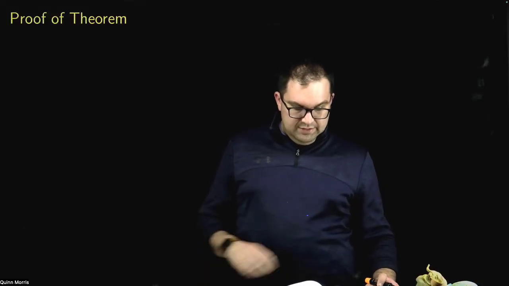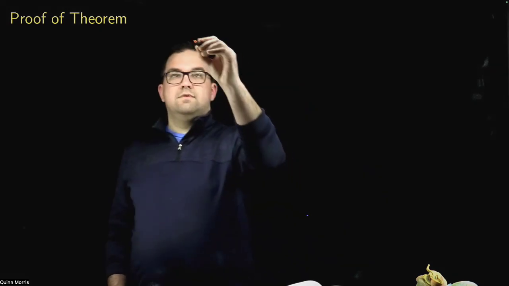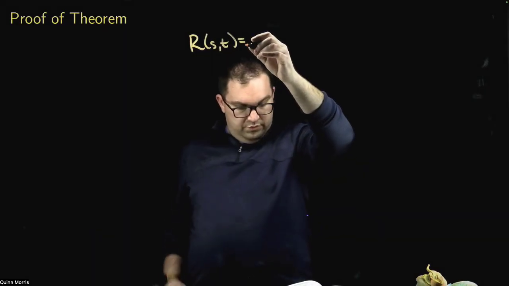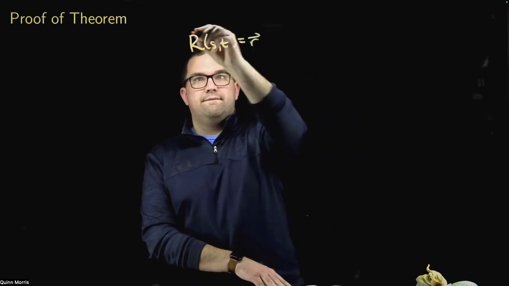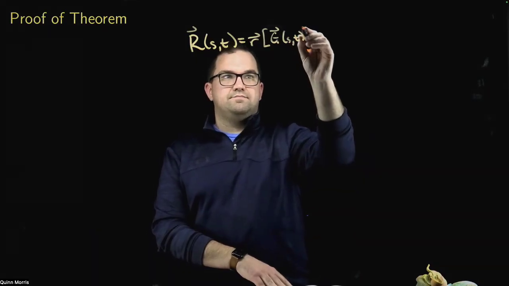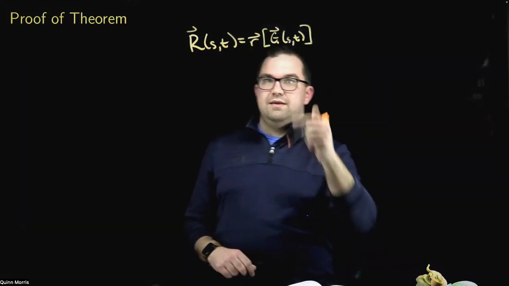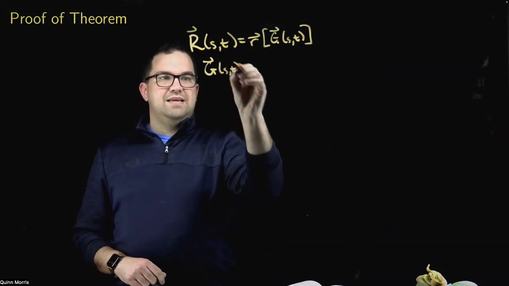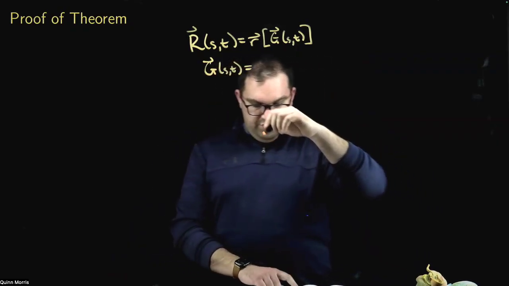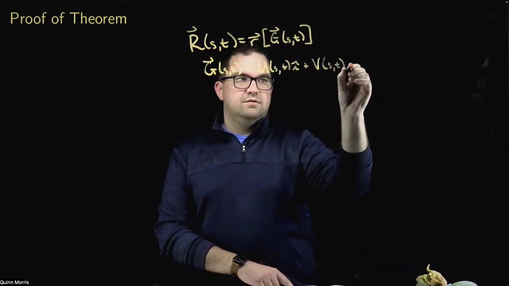So the main idea is that you have capital R of ST equal to little r composed with capital G of ST. Now, in general, r is taking as inputs U and V. So this G of ST is spitting out a vector-valued thing, which is giving you U of ST i plus V of ST j.